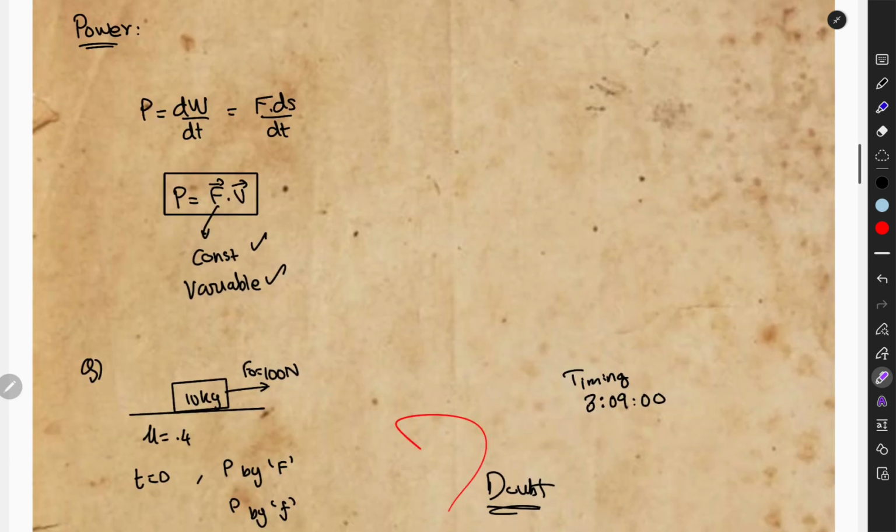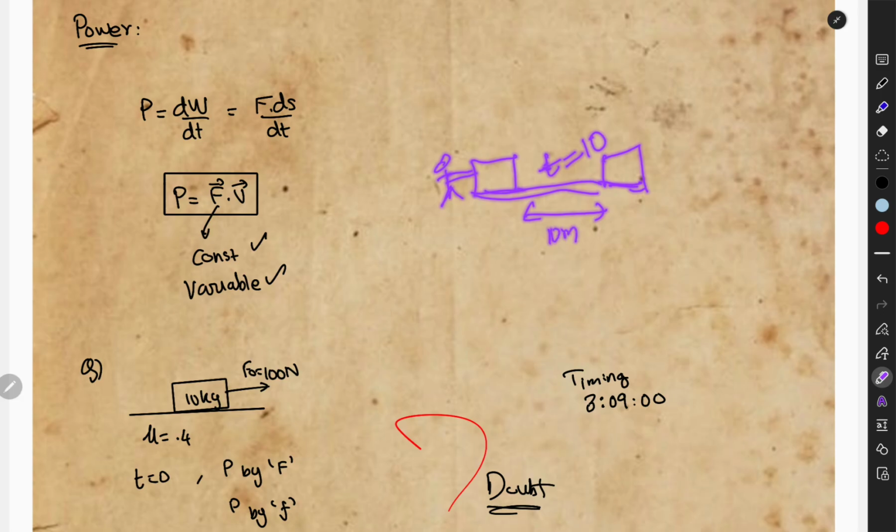Next thing is power. So basically, let's take an example. A boy is pushing this block, fine, and he takes t is equal to 10 seconds to push it 10 meters, okay.